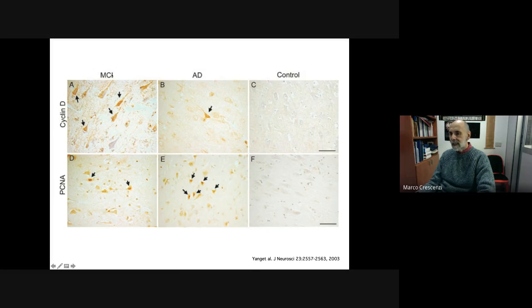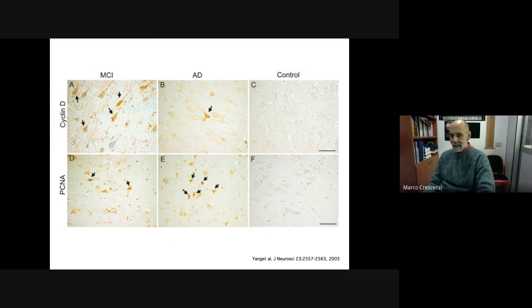Now, both in MCI and in Alzheimer's disease, you can see quite a number of neurons expressing cyclin D or PCNA, which are both markers of active cell cycle. In control neurons from healthy individuals, you never see those. So that means that in these conditions, some neurons are capable of re-entering the cell cycle to some degree.